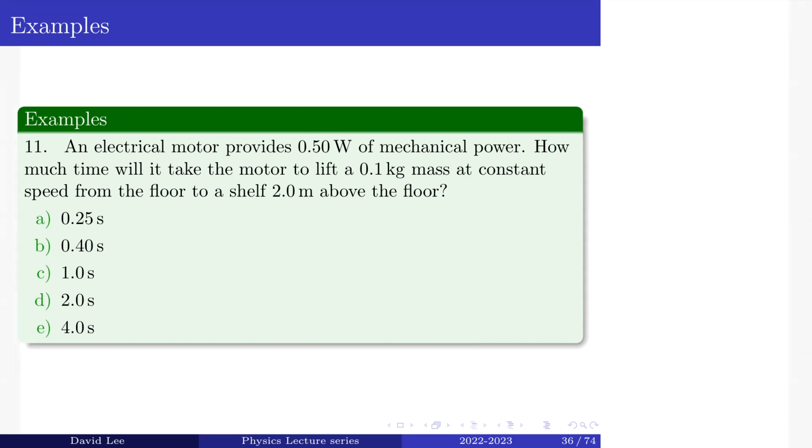Oh wait, I should launch a poll. I'm going to relaunch the poll because this is a multiple choice question.